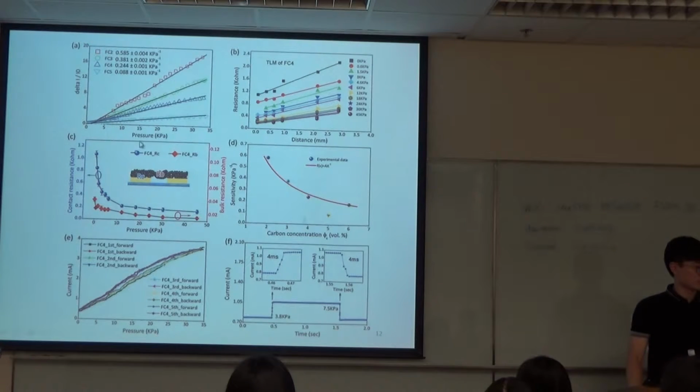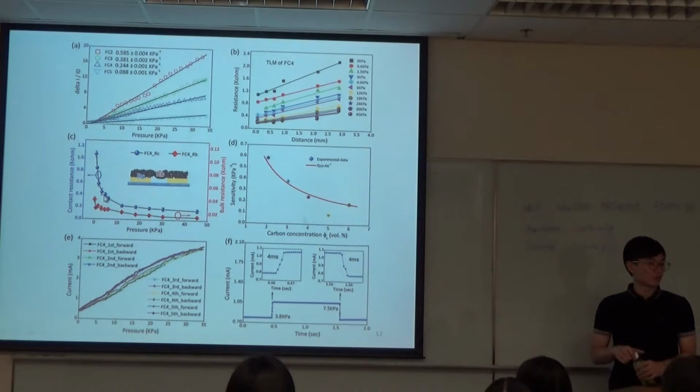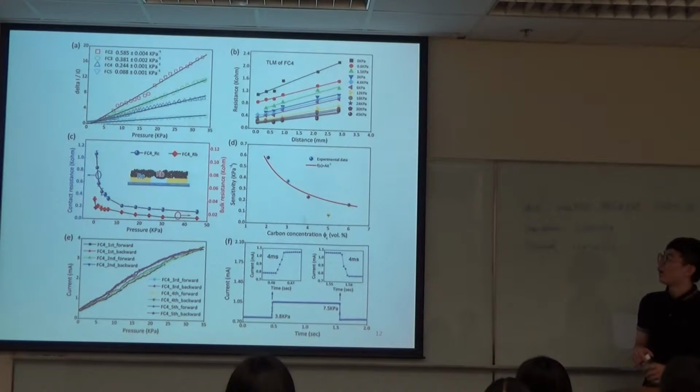So you can see graph C, where we show the FC4's contact impedance and bulk impedance when an increasing external pressure is applied.